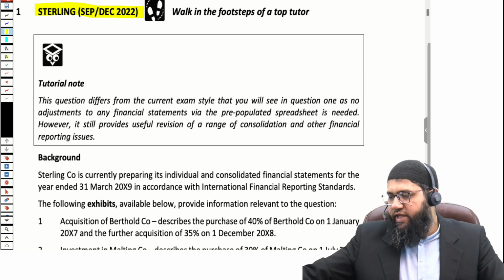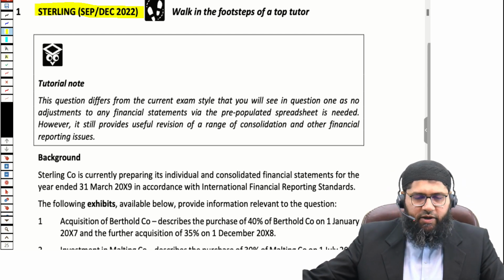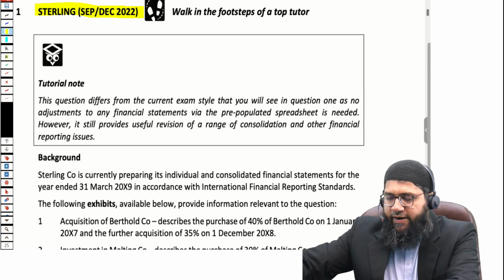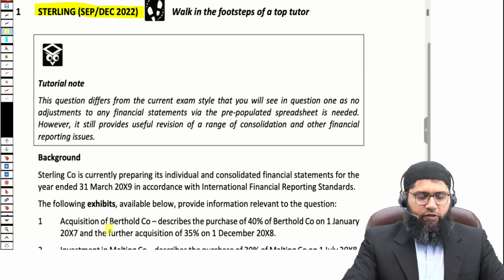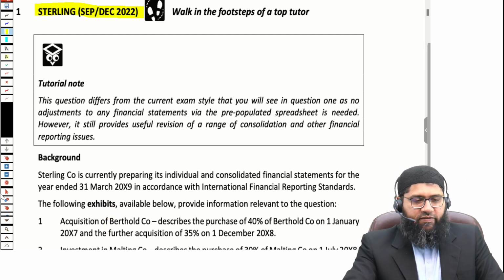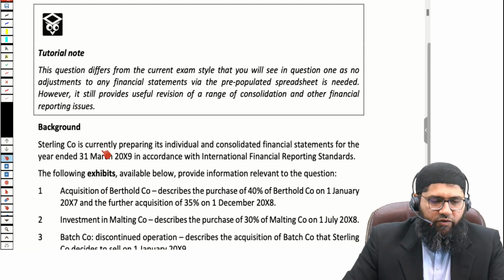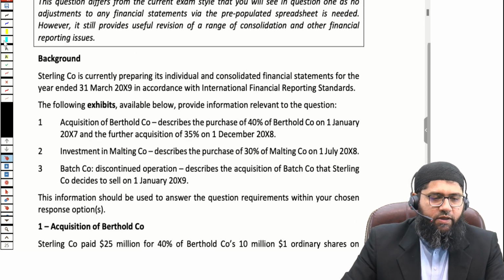Nowadays, the examiner gives you a pre-populated spreadsheet for question number one, so we're going to go through that also and see what this exactly means. This is one of the questions on consolidations.